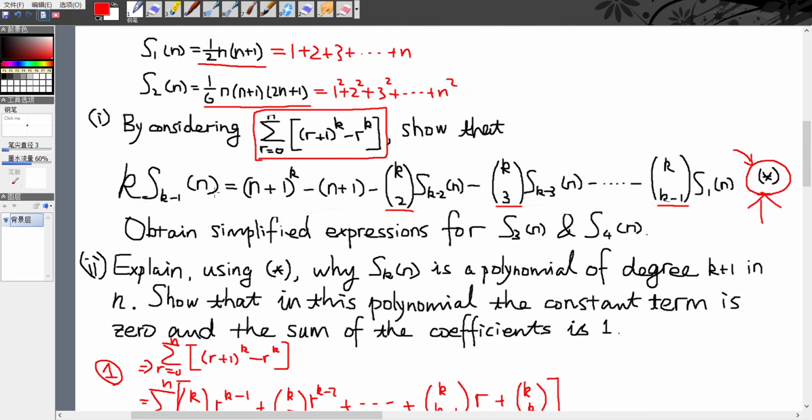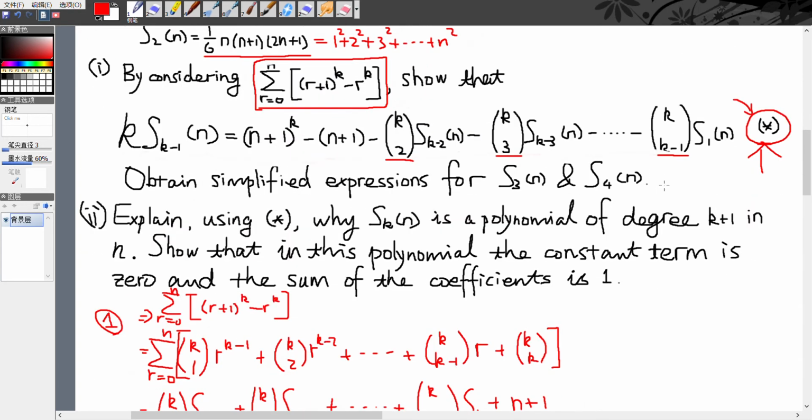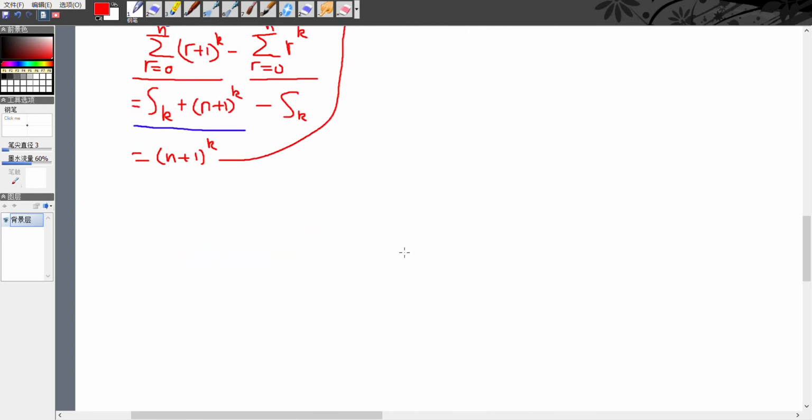After having this relation, the next thing we want to do is obtain the simplified expressions for S3 and S4, which is very easy as well, because all you need to do is set k equals 4 and it gives you S3, and k equals 5, which gives you S4.